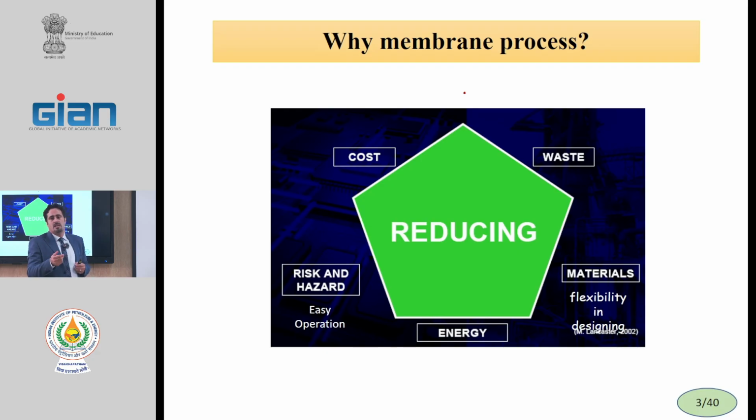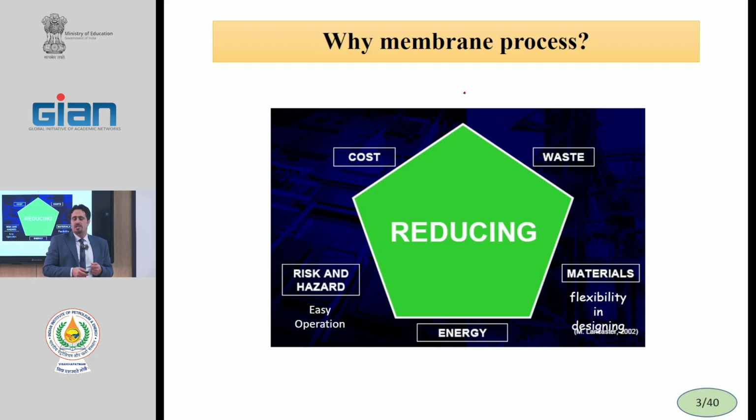But in distillation, for example, we must prepare a very tall column, and we cannot fabricate the column as vertical or horizontal as we like. Therefore, the membrane design is flexible.